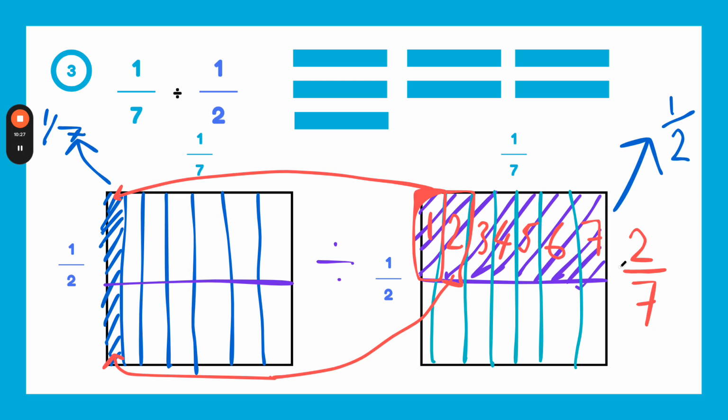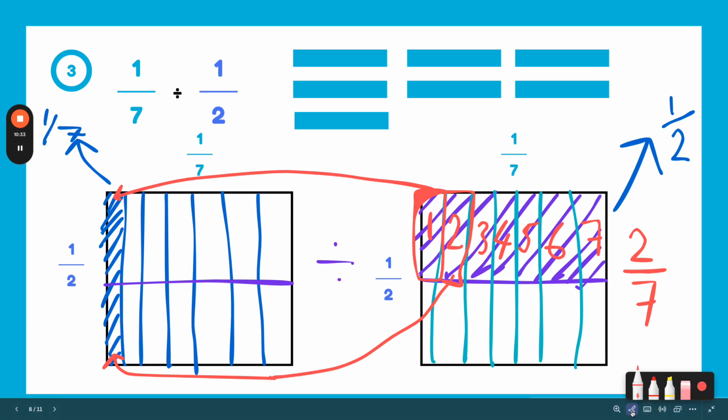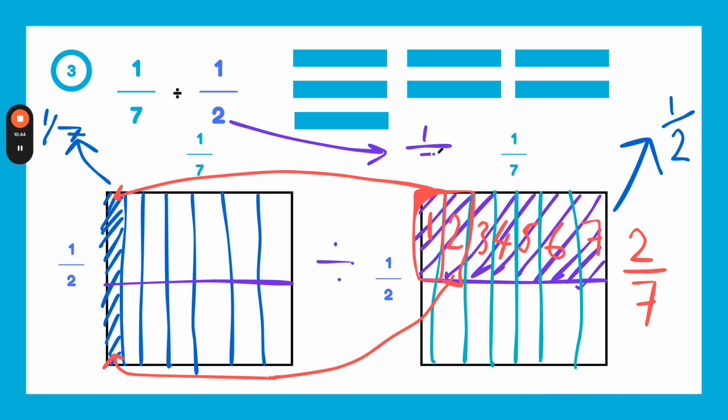7. And of course we can check by just, again, if we were to recalculate the answer just by using a written method, this would be 1 over 7. So we flip the second fraction times 2 over 1, which obviously is 2 over 7.